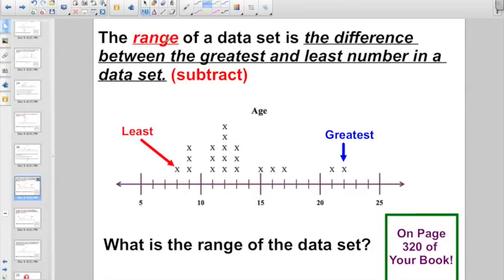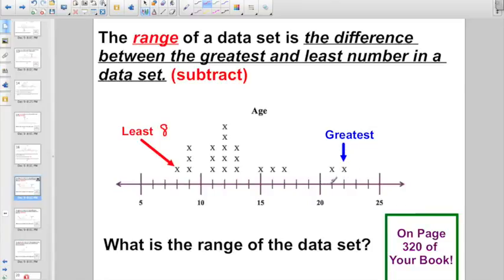So one more piece of vocabulary for us. Now we're talking about the range. And the range of a data set is the difference between the greatest and least number in a data set. And remember, if we see this word difference, that means we subtract. So the least or the smallest number that we have is right here. What number is that? If this is 5, 6, 7, 8, the smallest or least that we have is 8. Over here is our greatest number, right?